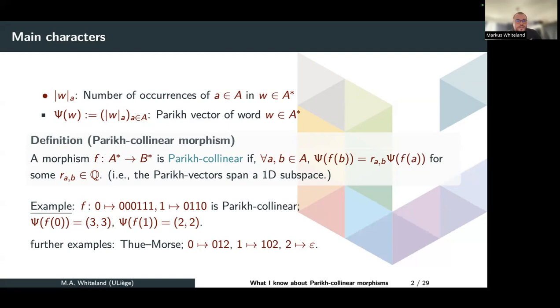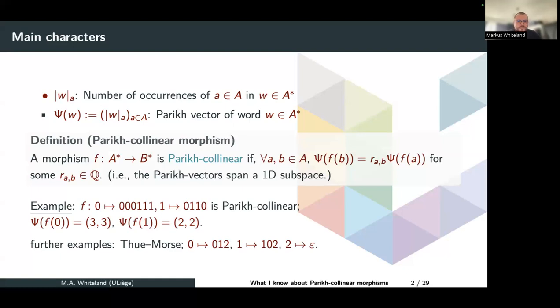So essentially, the Parikh vectors span a 1D subspace. As an example, consider the morphism 0 goes to 3 zeros and 3 ones, and 1 goes to 0, 1, 1, 0. This is Parikh-collinear because the Parikh vectors are multiples of each other.